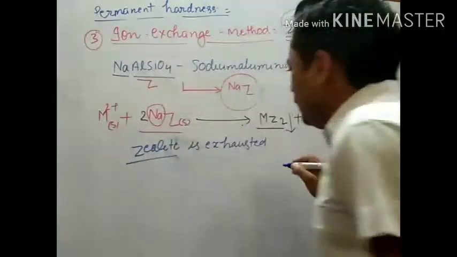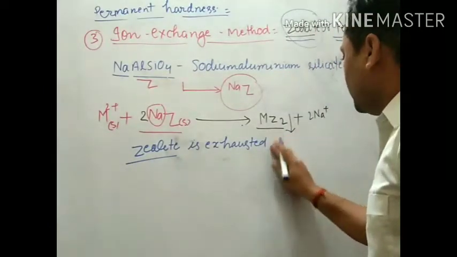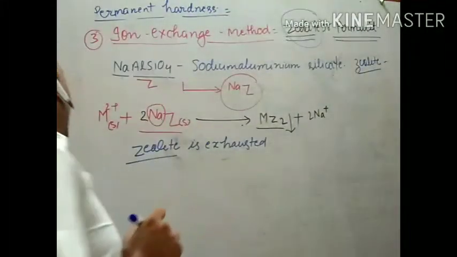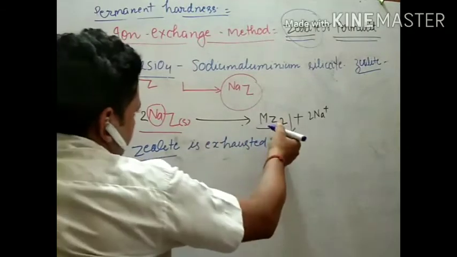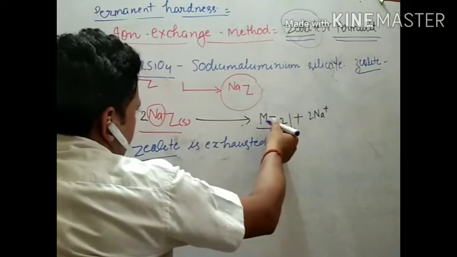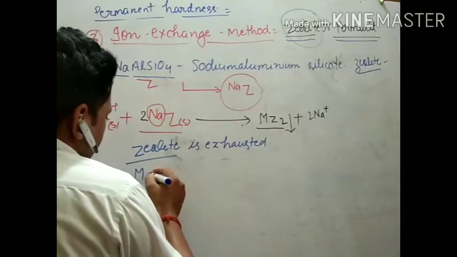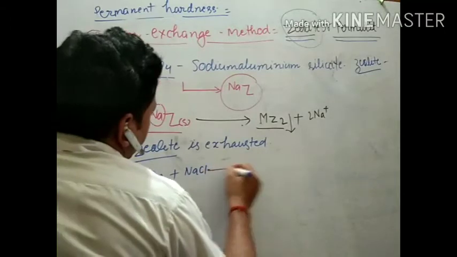Exhausted. Here, to regenerate exhausted zeolite, we pass MZ2 in brine solution, NaCl.